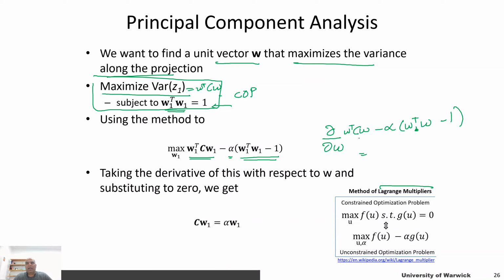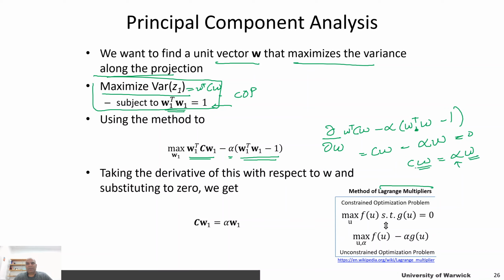This comes out to be CW, and this comes out to be alpha times W. If you set this whole thing to 0, then CW is equal to alpha W. Now, alpha is a scalar, W is a vector.